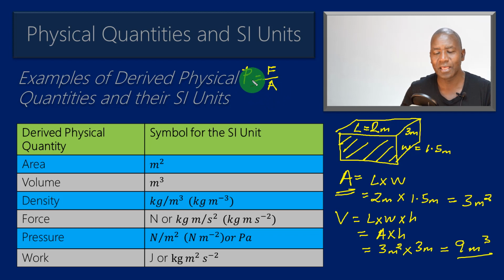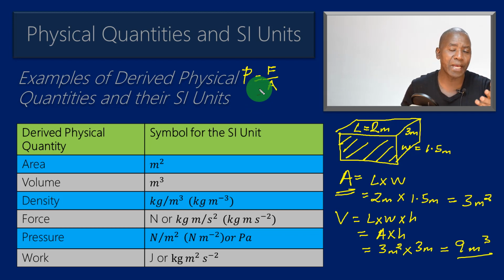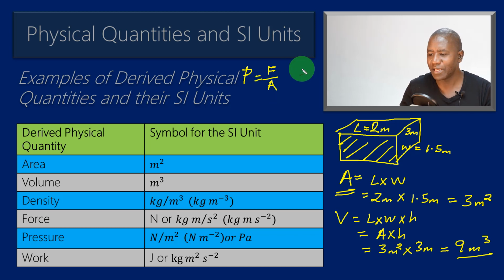So you can see pressure is derived by dividing one physical quantity by another one. Again, the rule: a derived physical quantity is that which is obtained by either multiplication or division of other physical quantities. This time, we are dividing force by area to get pressure. So pressure is a derived physical quantity.